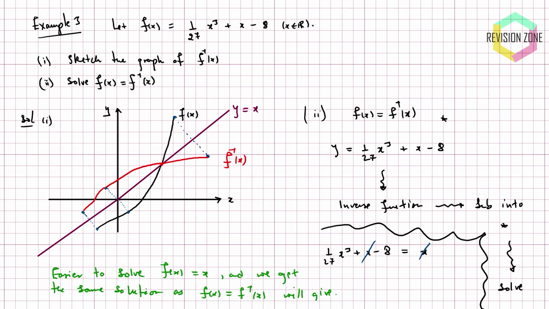And then we can go on and say 1 over 27 x cubed is actually 8, which tells me x cubed is actually 8 times 27. And I can take the cube root of that and it gives me, I believe, the cube root of 8 times the cube root of 27, which is going to be 2 times 3, which is actually going to be 6. So we've managed to work out our answer very, very easily this way.